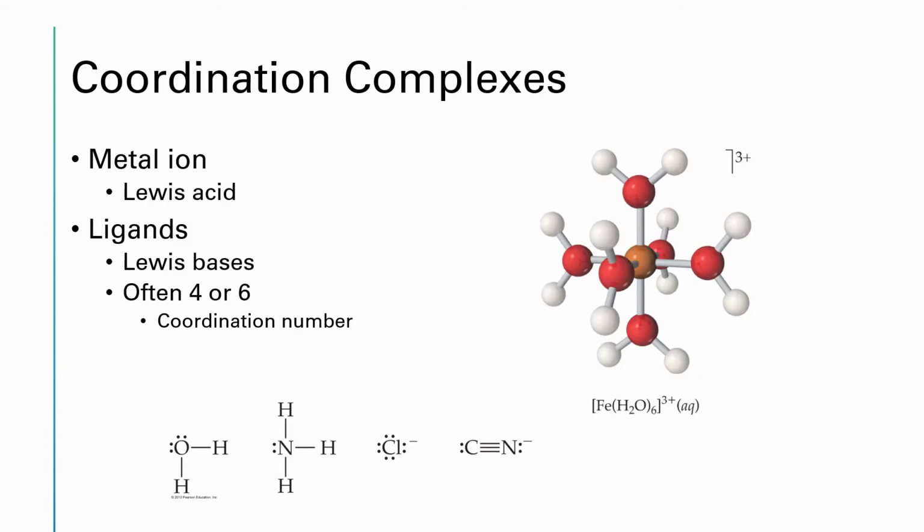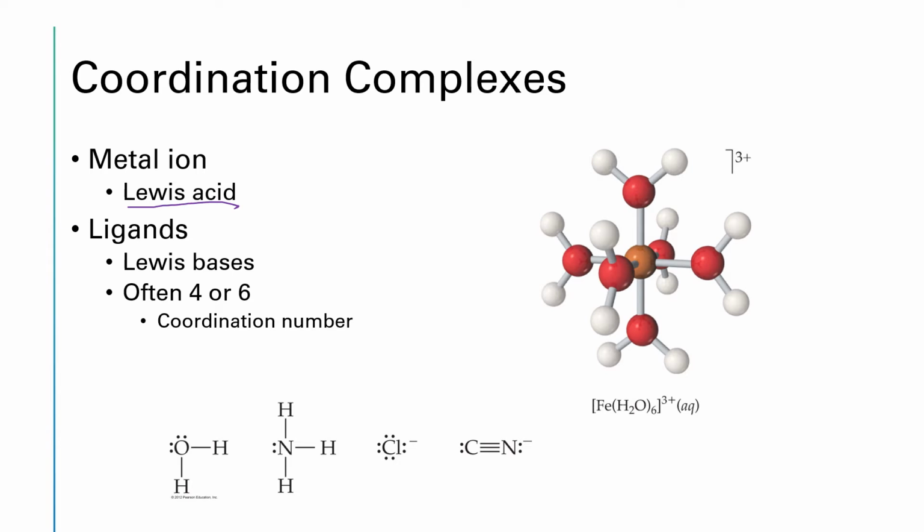The chemistry of transition metals is filled with all sorts of really interesting colors, and a huge part of that colorful aspect of transition metal chemistry is the formation of these coordination complexes, where the transition metal acts as a Lewis acid, and then some sort of a substance acts as a ligand.